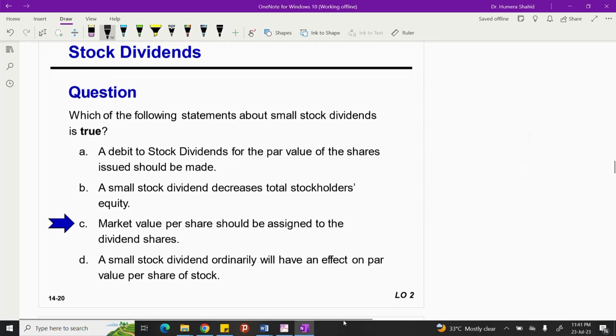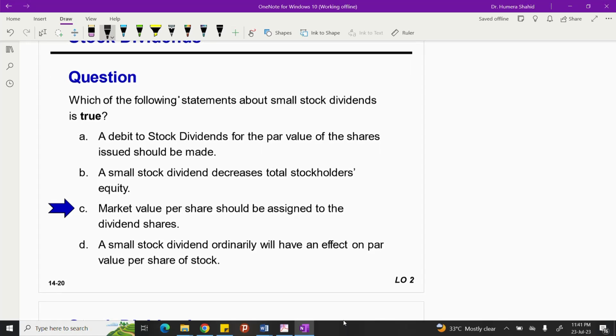So we have a question over here. Which of the following statements about the small stock dividend is true? A debit to the stock dividend for the par value of the shares issued should be made. Do we debit the stock dividend with the par value in the small stock dividend? No, we debit it with the market value. So this is wrong. A small stock dividend decreases the stockholders' equity.